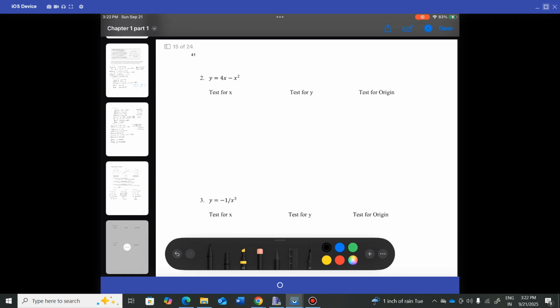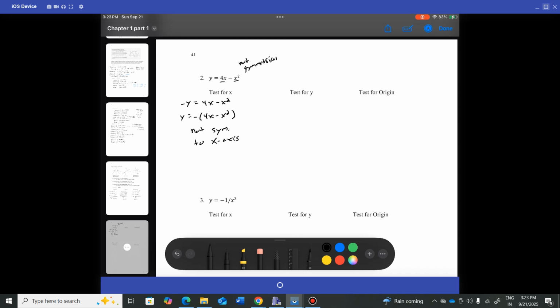So 4x minus x cubed. Notice this is an odd, this is an even. This should not be, it's not symmetrical. Okay, but we're going to test these. So for x, we'll let y be negative. And so we just end up with the negative of the function. So not symmetrical to the x-axis.